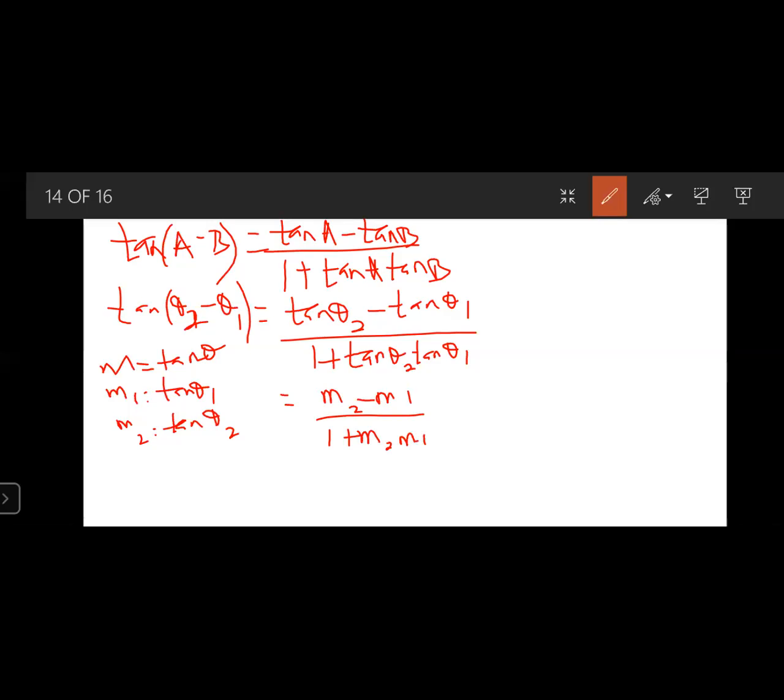So theta 2 minus theta 1 equals arctan of M2 minus M1 over 1 plus M2 M1. This is the formula we are going to apply to solve questions of such nature.